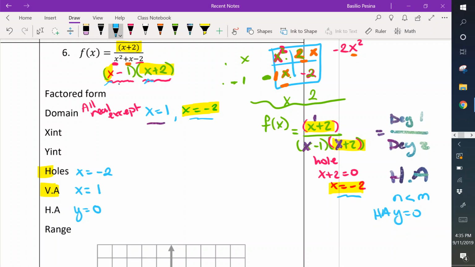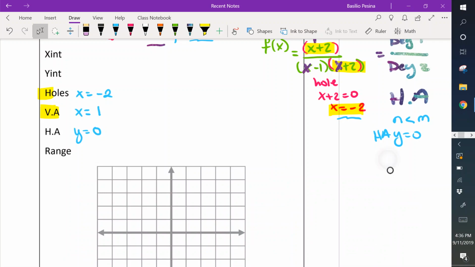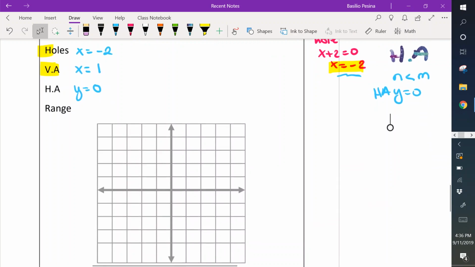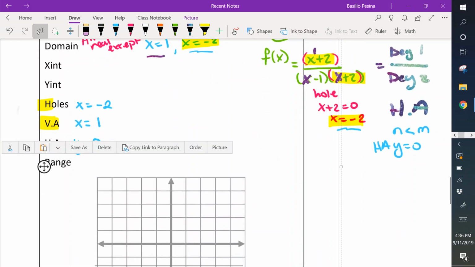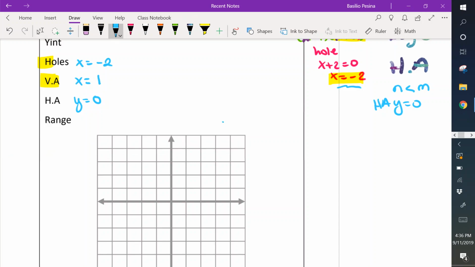Okay, let's go ahead and plot these points so far. Let's see what we got. Okay, let me go ahead and get the information. Okay, there you go.